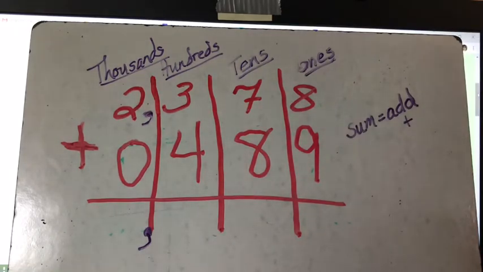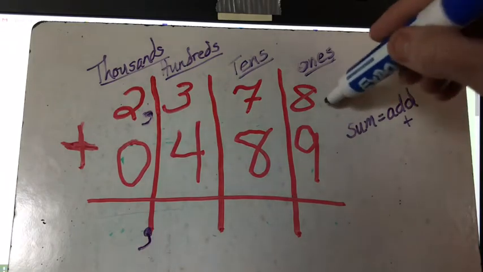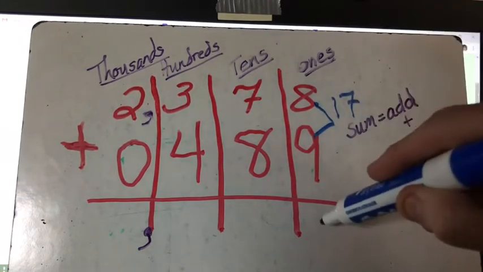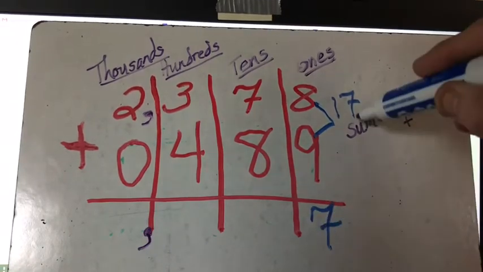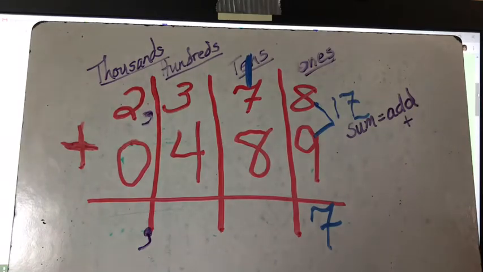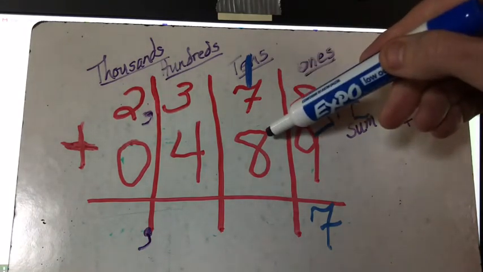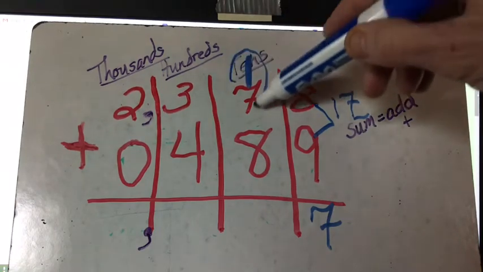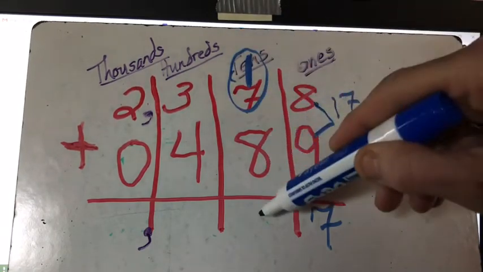Sum means add, so I'm going to add this 8 plus 9. So if I add 8 plus 9, I get 17. So I put my 7 down, and I carry my 1 to the tens place. 7 plus 8 is 15, plus 1 is 16, or I could group this as 8. 8 plus 8 is 16.